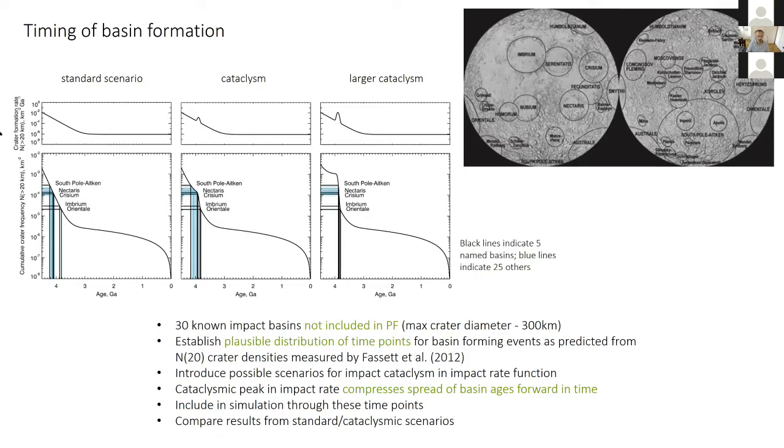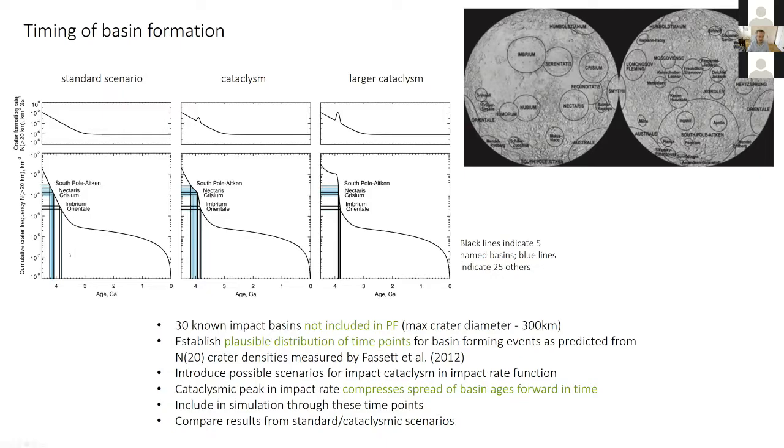So you see in the standard Neukum model, using the N20 densities from Fassett et al., we can estimate that the basins could have an age range that looks something like this. Now, of course, individually there will be errors in that, but that is kind of how the picture should be.